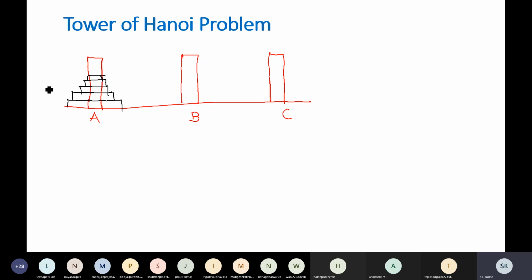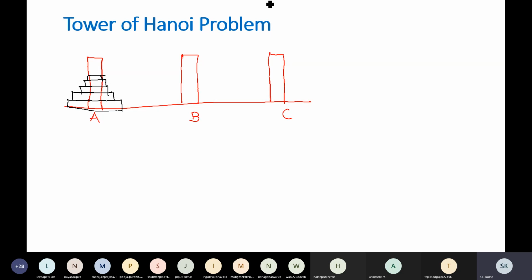Only 5 discs I have shown here, but N number of discs are there. So these black color discs are put inside pole A. You will have to transfer all these discs from pole A to pole C. That is the objective.